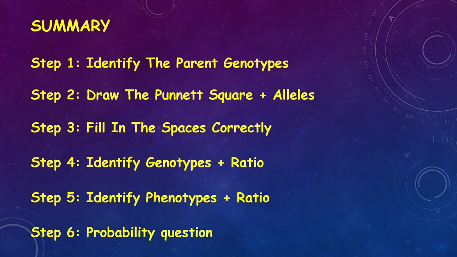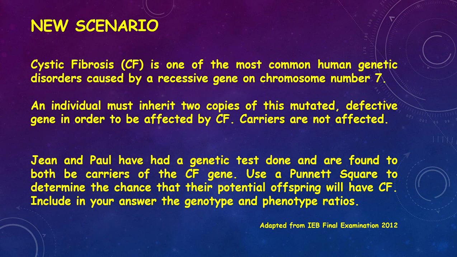So I'm going to pose this scenario to you as a potential question that you could get asked. Cystic fibrosis is one of the most common human genetic disorders caused by a recessive gene on chromosome number 7. An individual must inherit 2 copies of this mutated defective gene in order to be affected by cystic fibrosis.